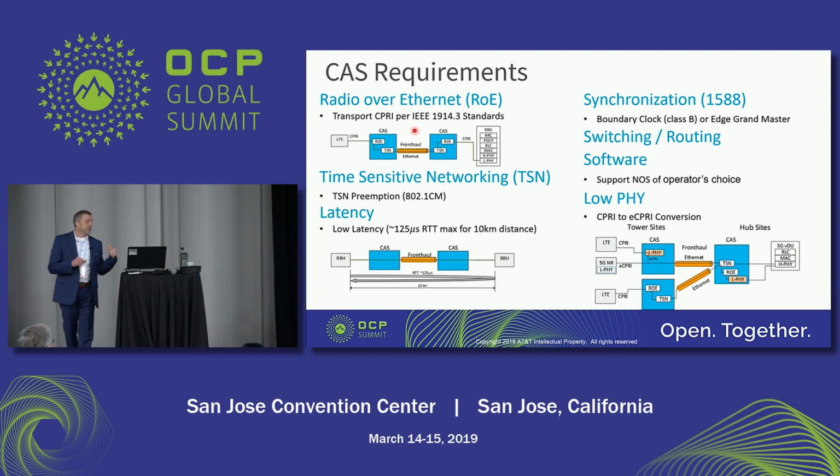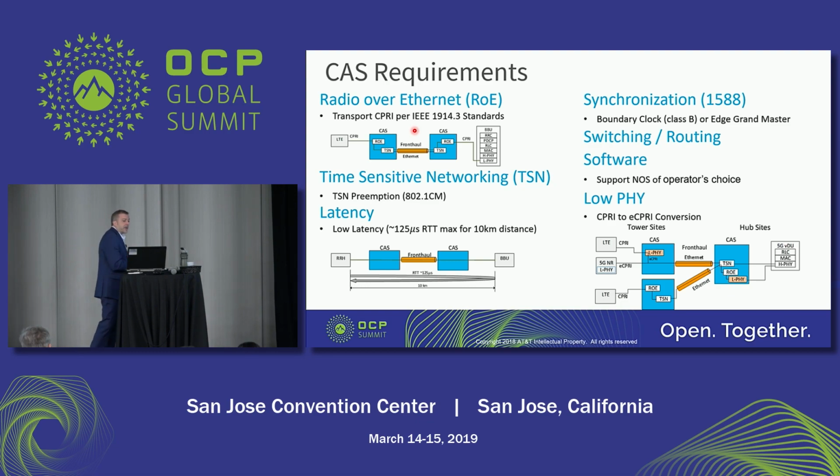So as the CPRI would come from an LTE radio, it would go through the CAS and then would use the ROE mapper to convert that CPRI into frames for Ethernet transport across our front haul network. And then when it reaches the hub site, you'd have to have an ROE demapper to then convert that back to the exact same CPRI structure that the BBU would be expecting.